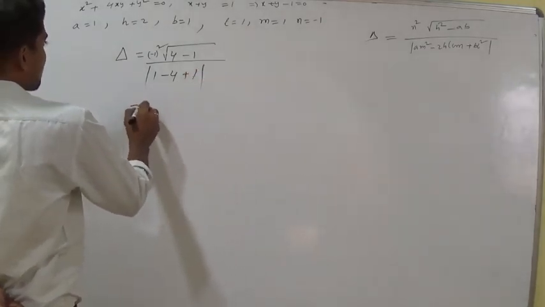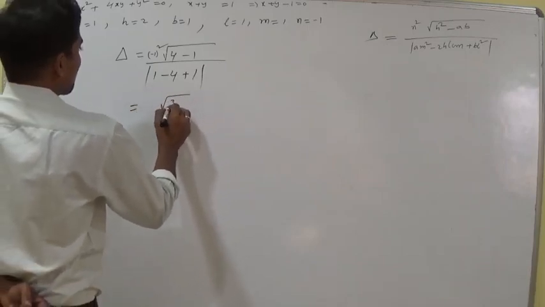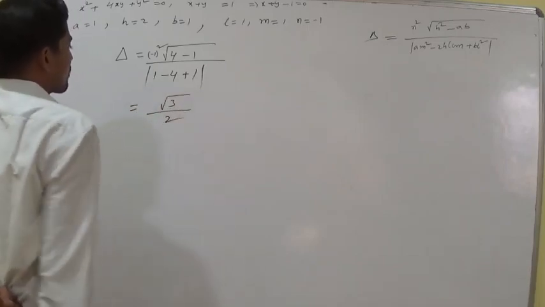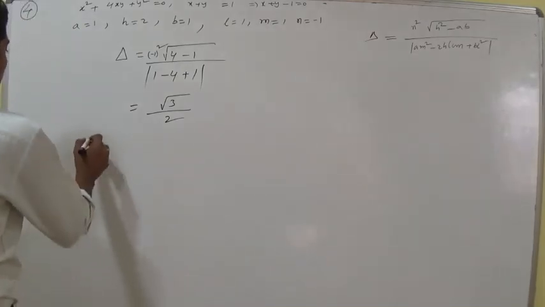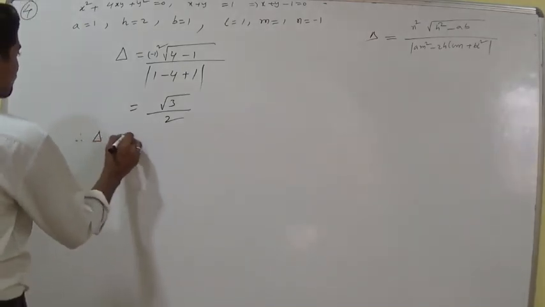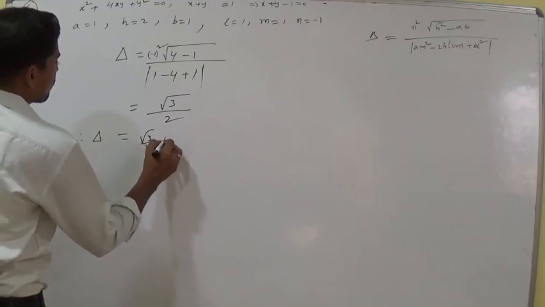Close the modulus, which becomes root 3 by 2. So area of triangle delta is equal to root 3 by 2 units.